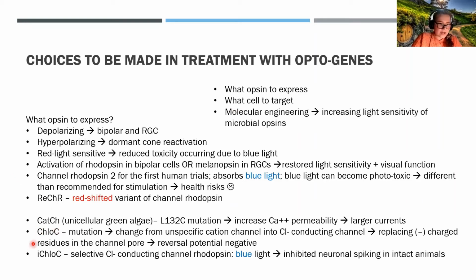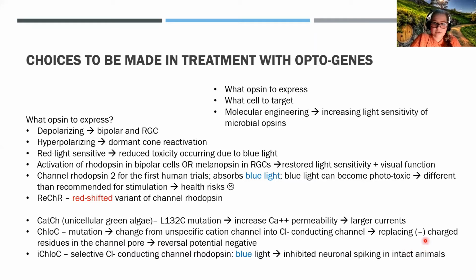Also, there are some other opsins developed, for example, calcium selective channel rhodopsin, or chloride conducting channel that was made by replacing negatively charged residues in the channel pore.